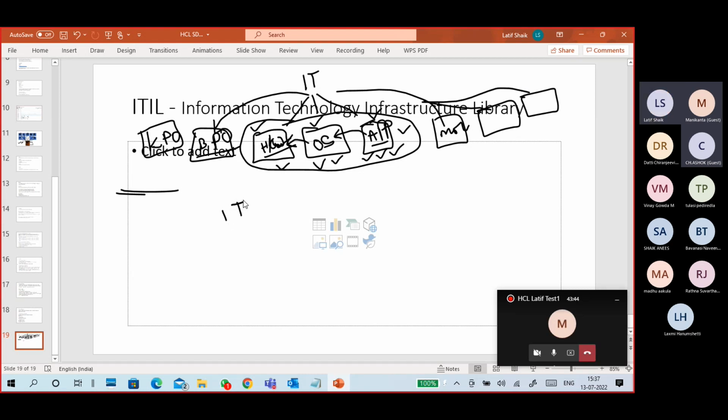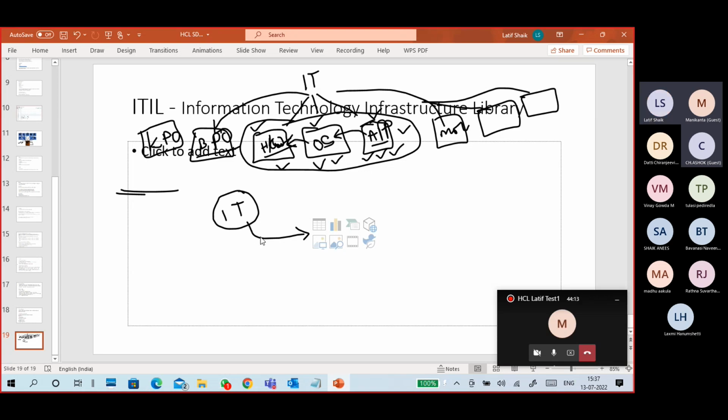Guys, understand, IT is a business. IT is a business, and IT also provides services: hardware service, operating system service, application service, internet service, knowledge service, outsourcing service.